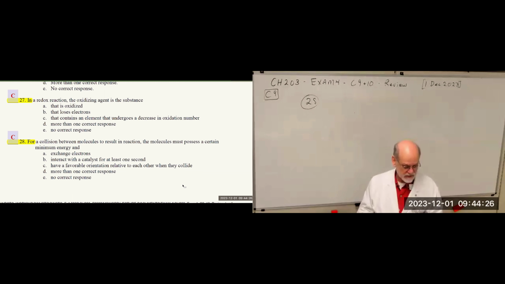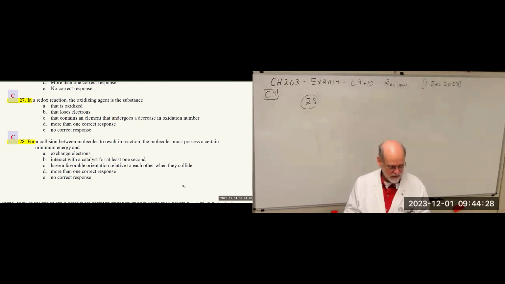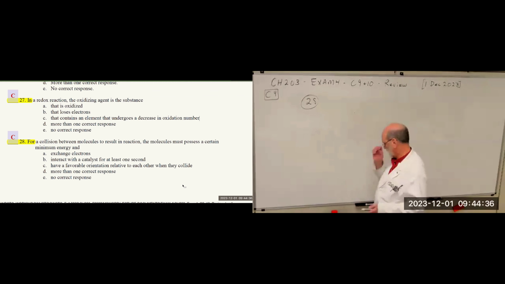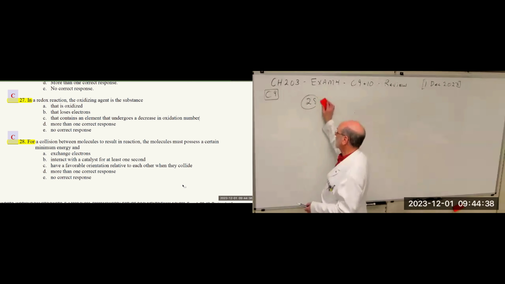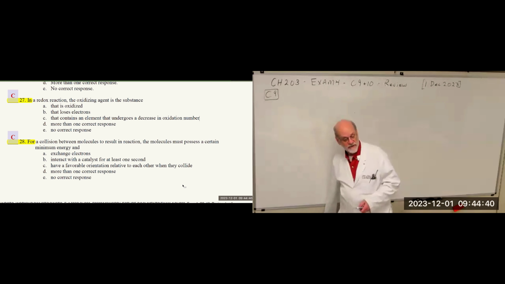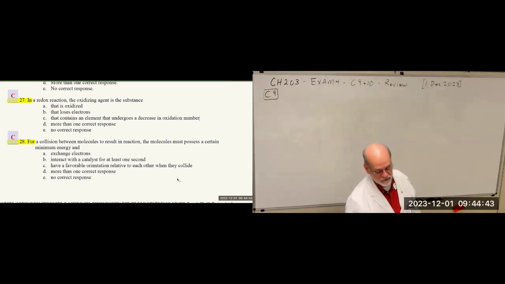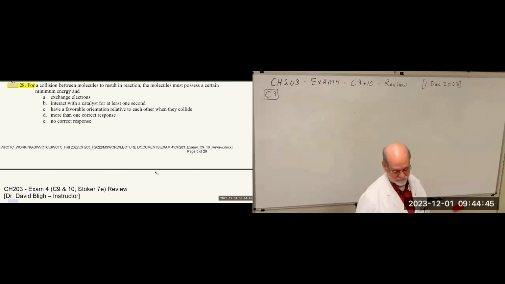So orientation is critical. They have a favorable orientation relative to each other when they collide. That C is the correct answer there. Those two factors must be observed in order for the collision theory of chemical reaction to be valid.